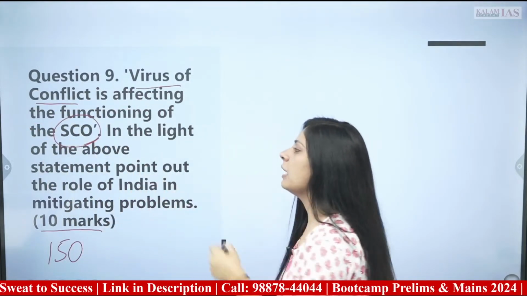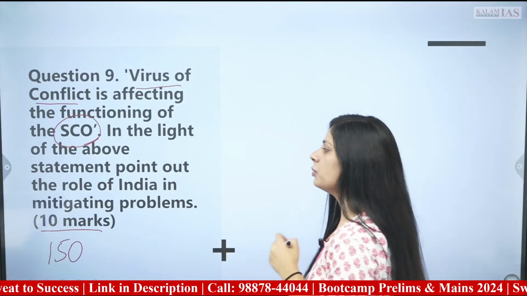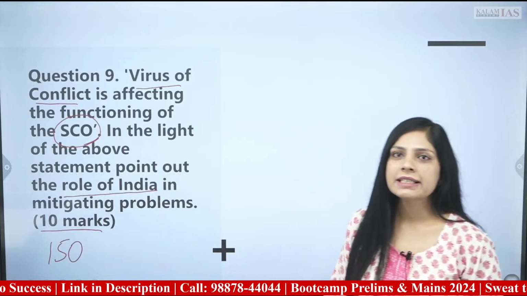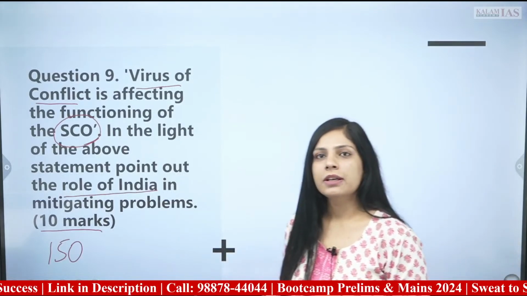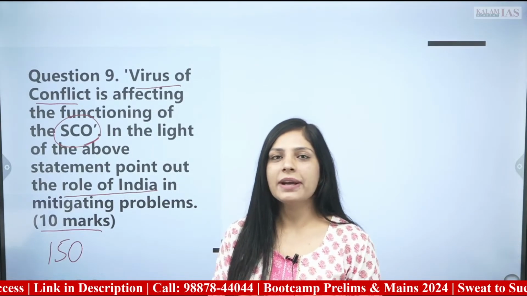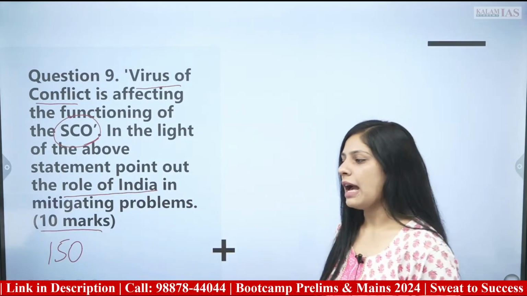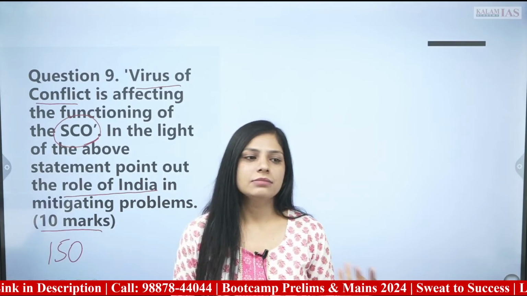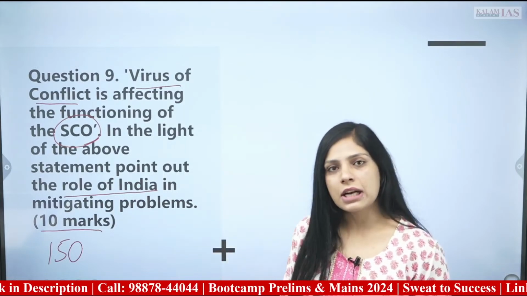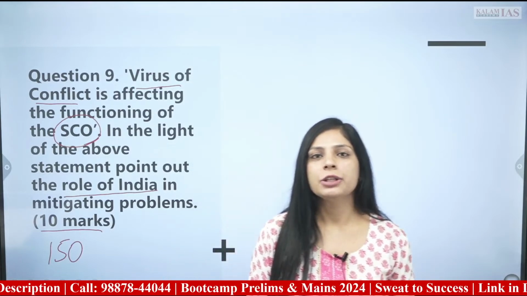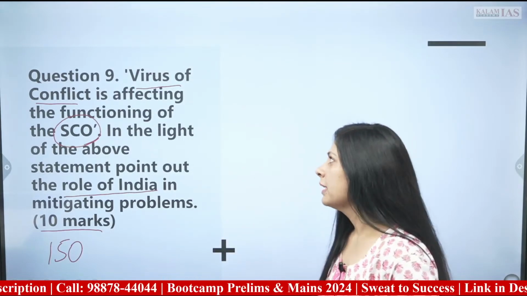In the light of the above statement, point out the role of India in mitigating problems. See, if you look at this question, you can analyze that it is about SCO, but it is not asking you about the organizational structure, the aims and objectives as the question was there 2 years back, right?